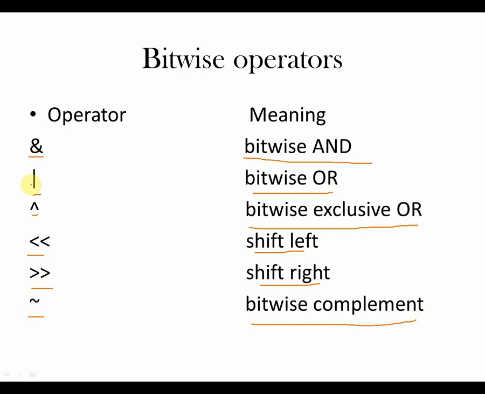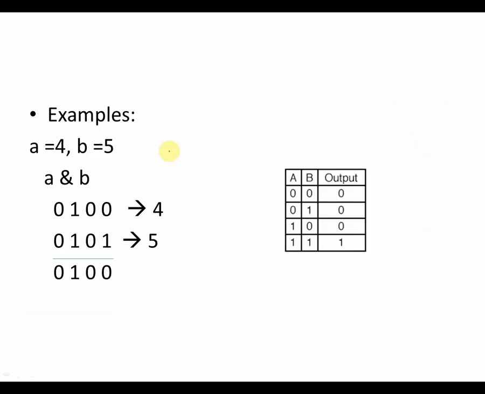Okay. So you see bitwise AND is this way, whereas the logical AND which we saw previously was the double ampersand sign. This is logical AND and this is bitwise AND. So there is a difference, hence you have to be careful while using these operators. Let's see an example of how to do bitwise operations. Now you see over here, A is 4 and B is 5.